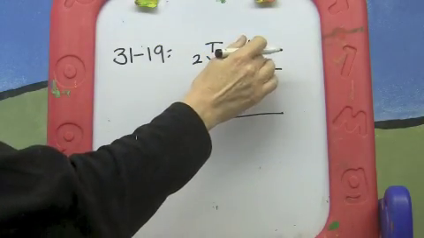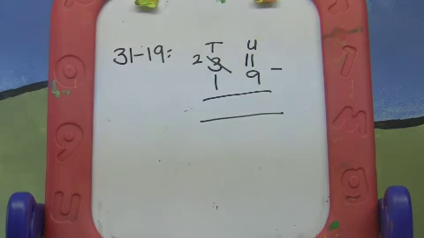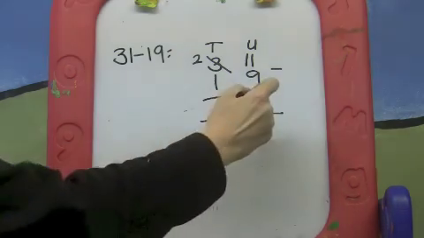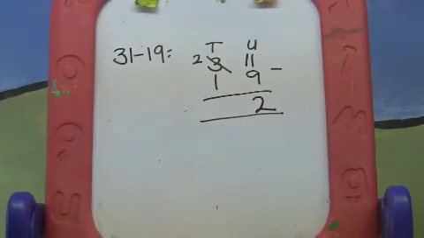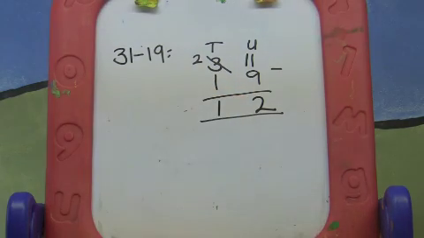And I'll end up with 10 plus 1, which is 11 units. And it's the same as just writing a 1 in front of the units, because that's what you do when you add 10. Now I can say 11 take away 9 is 11, 10, 9, 2. And 2 take away 1 is 1. The answer's 12.